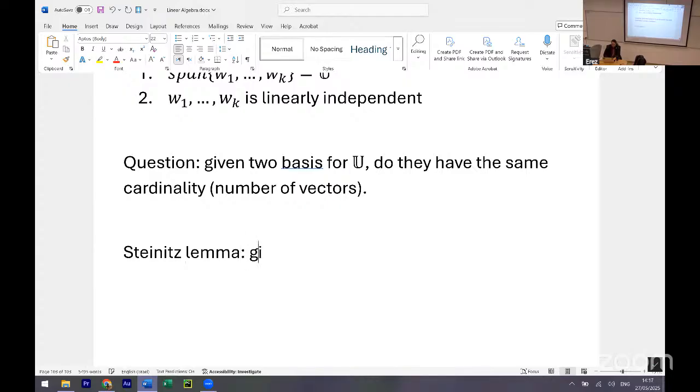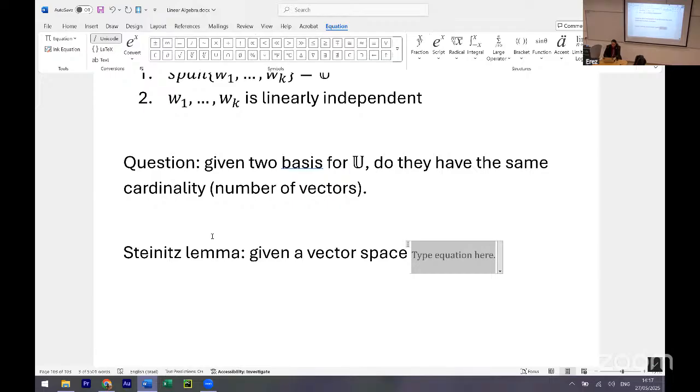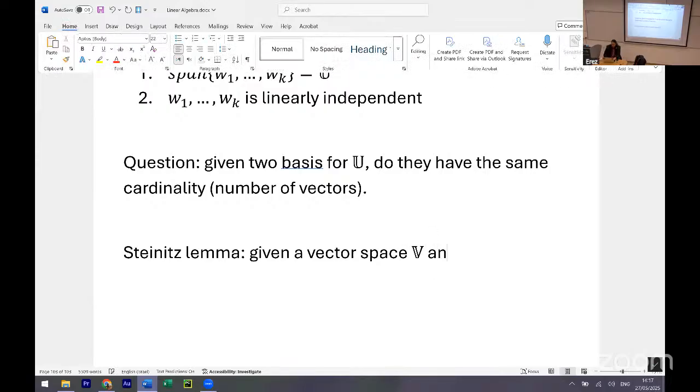Given a vector space V and two finite sequences of vectors, which we call A and B. When I'm saying a sequence, it must be finite.